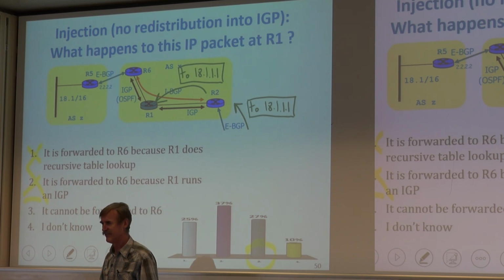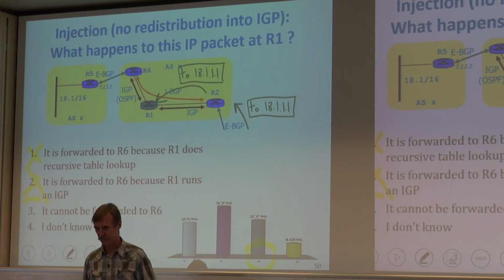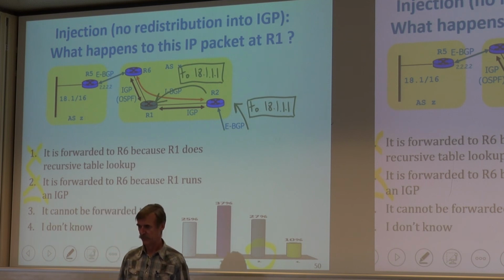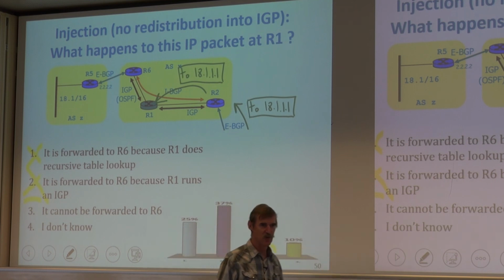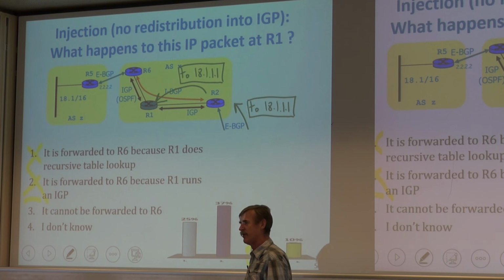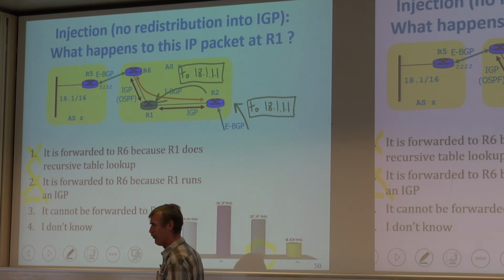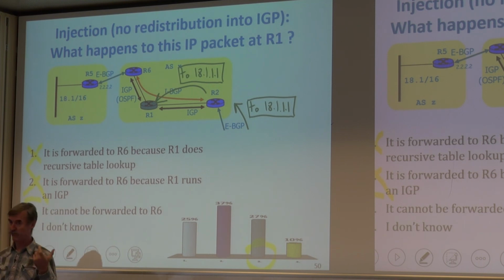Yes? Couldn't we ask R1 to do a recursive table lookup to be able to get to 2.2.2.2? Yeah, I'm assuming R1 does a recursive table lookup, like all the routers in this network. But the problem is recursive table lookup helps only if you find that to go to that destination, you have to go to 2.2.2.2.